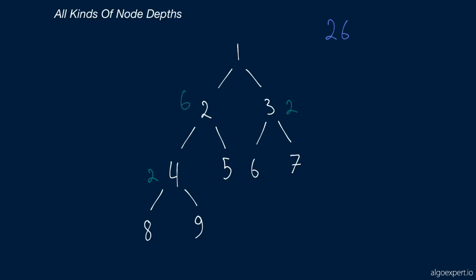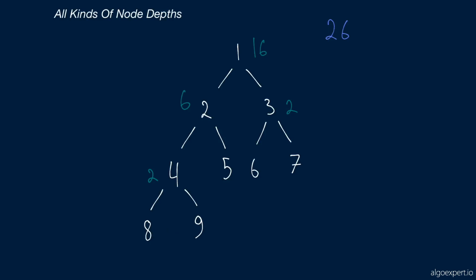And then finally, the input binary tree, the tree that's rooted at 1 here, if you grab all of the depths of its nodes and sum them up, you get 16. And we can count them really quickly. 8 and 9 are both 1, 2, 3 away from the root node. So they both have a depth of 3.